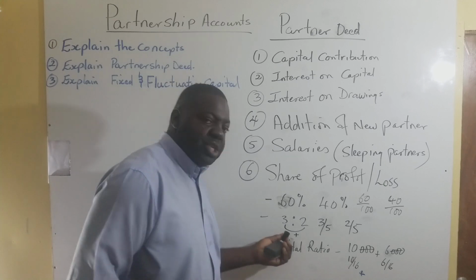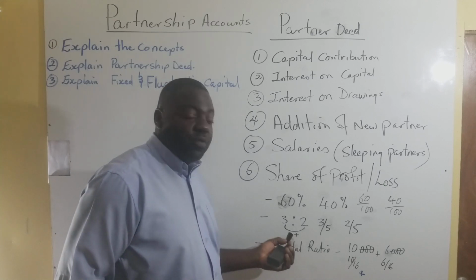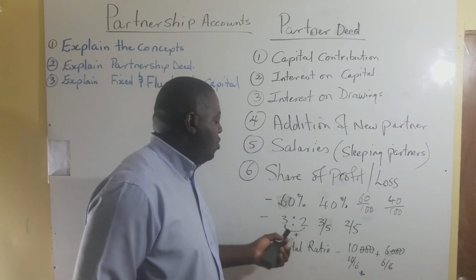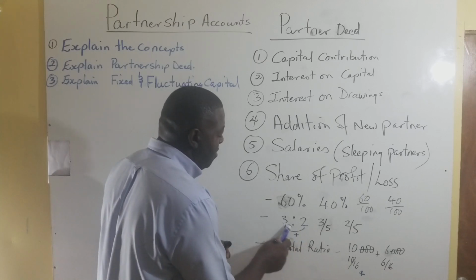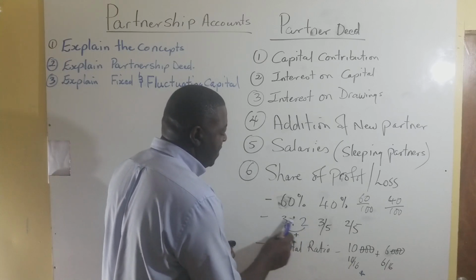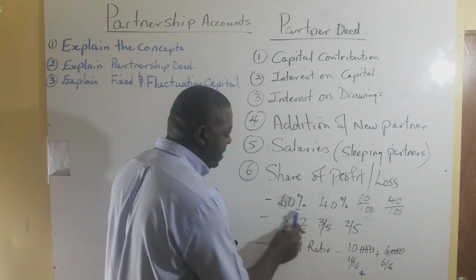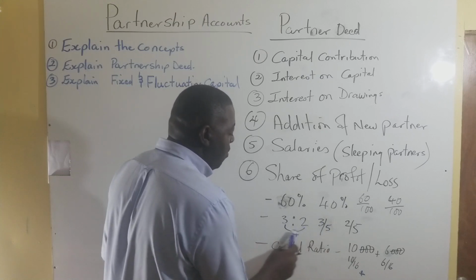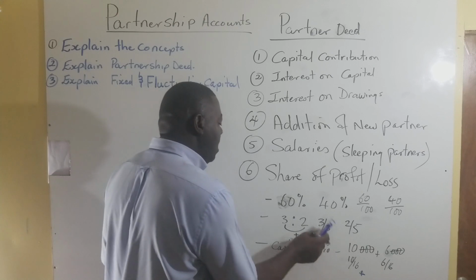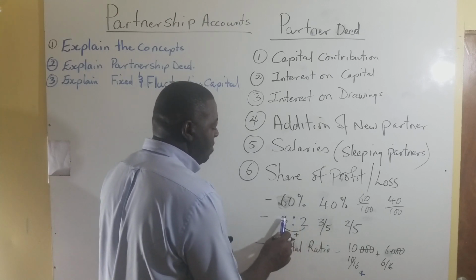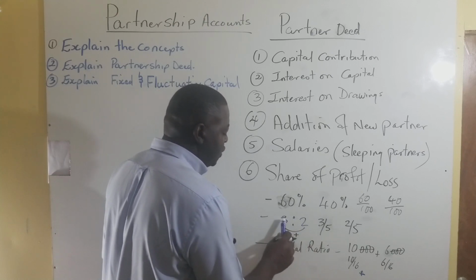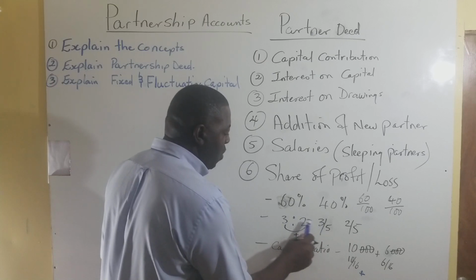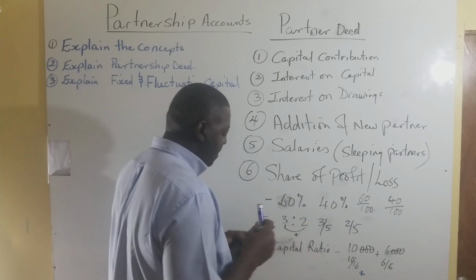If it is ratios, all right, straight ratios, you are going to add the sum of each, right? You're going to add the sum, and then for each of them, the sum will be the denominator, and this will be the numerator, right? 3 will be the numerator, 2 will be the numerator, all right, for each of them.